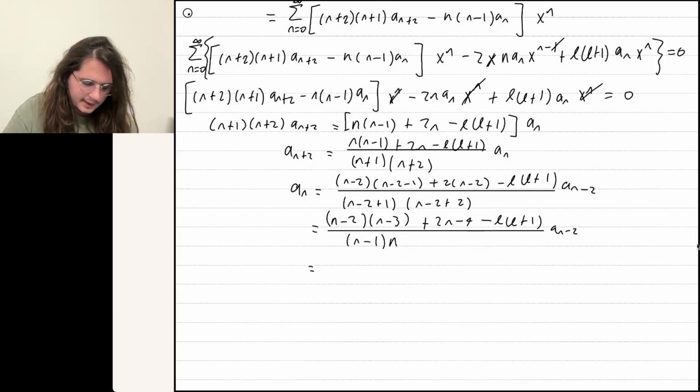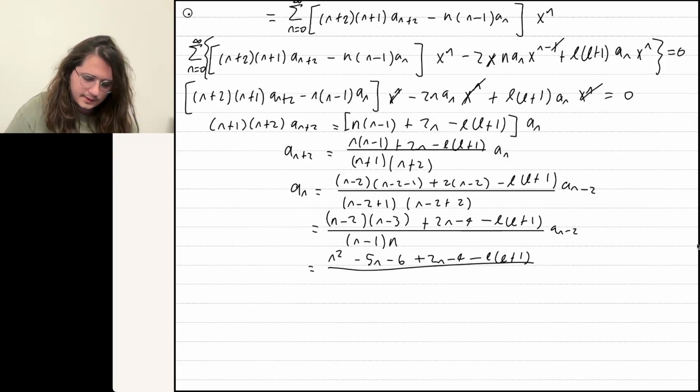Let's expand that guy out now so that you have n squared minus 2n plus 6 minus 3n. So it's actually minus 5n total. Let's write that instead. Plus 2n minus 4 minus L by L plus 1 all over n by n minus 1, a n minus 2.